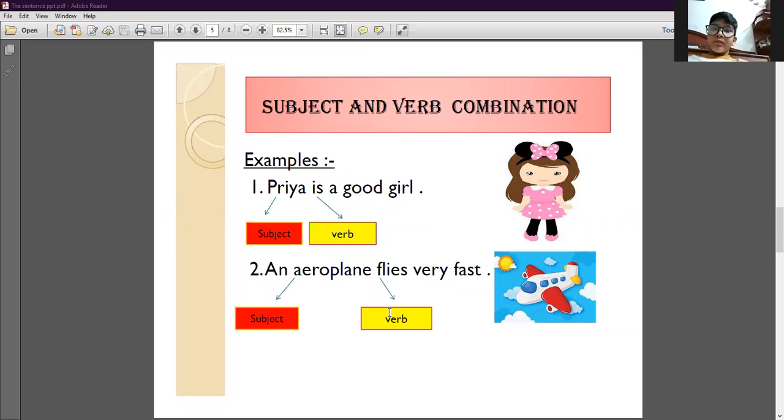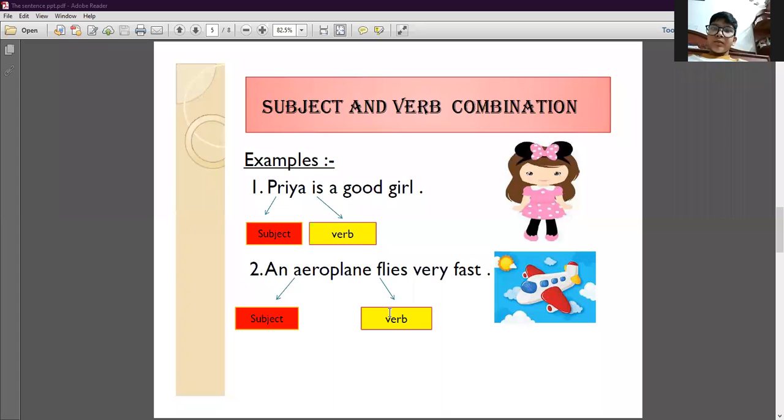First of all, you have to know about the subject. What is the subject, student? The person or thing we speak about is called the subject. The person or thing can be a noun, it can also be a pronoun. A subject is a part of a sentence that contains the person or thing performing the action in a sentence.